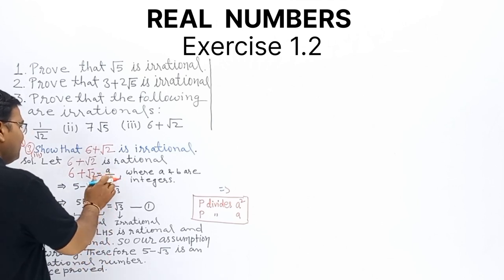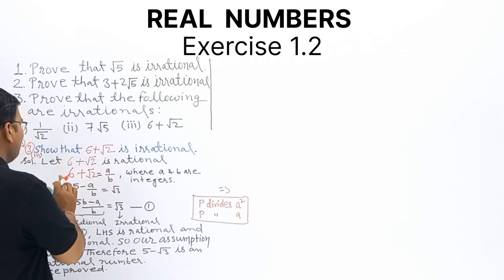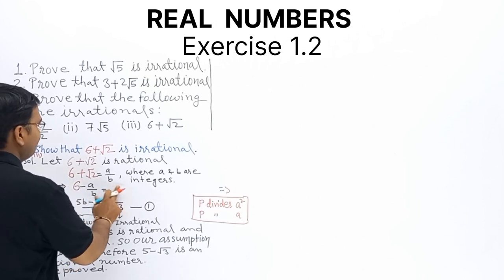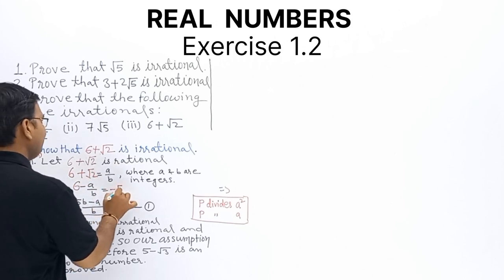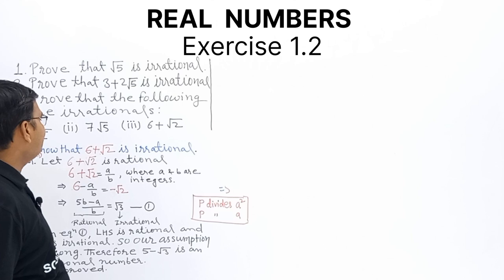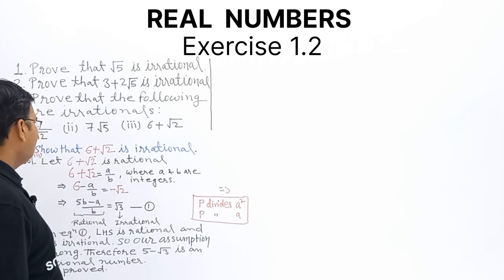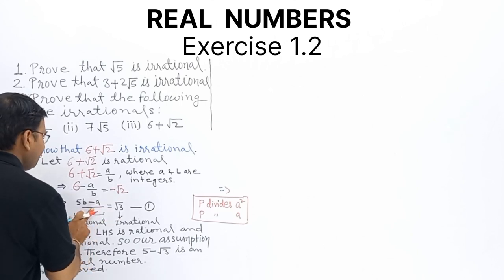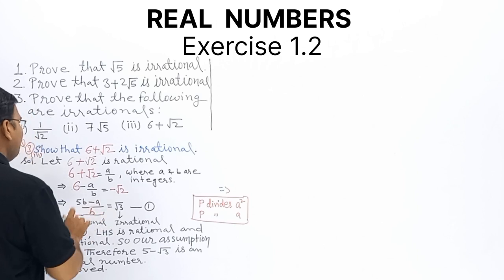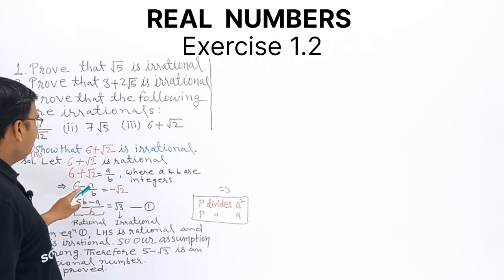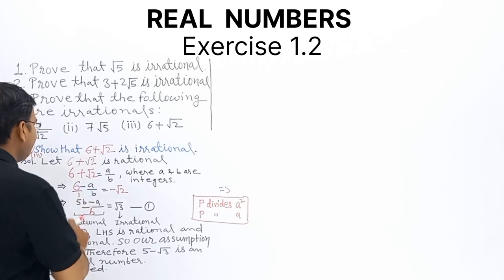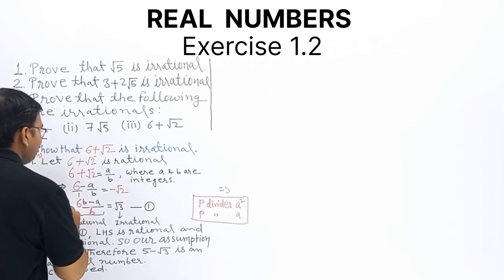Now bring this right side to the left side, and there will be 6 minus a upon b equal to minus root 2. Now take the LCM. LCM is b. So b will be multiplied by the numerator, and 6b minus a will be there.